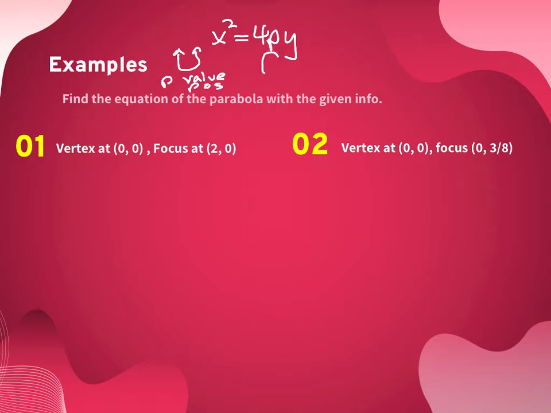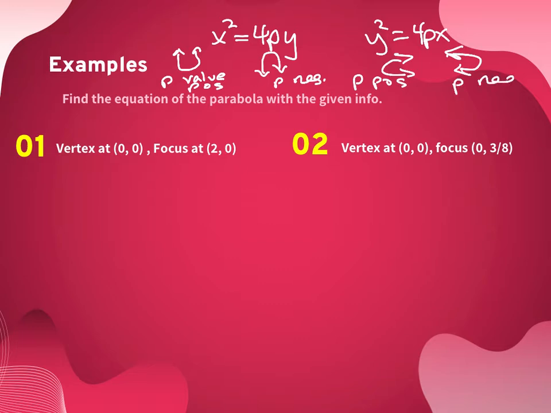If it's facing downward, the p-value is negative. And then when it's the y squared equals 4px, this is going to be the C, and that's when the p-value is positive, or the backwards C, and it's facing to the left, and this is when p is negative.